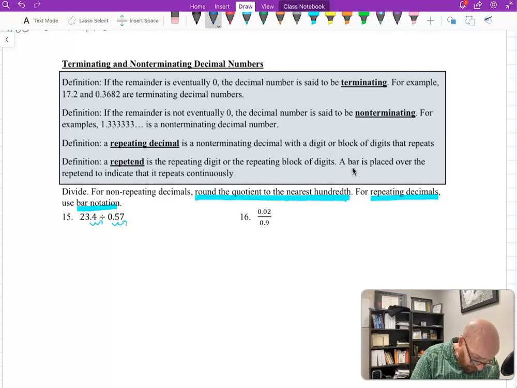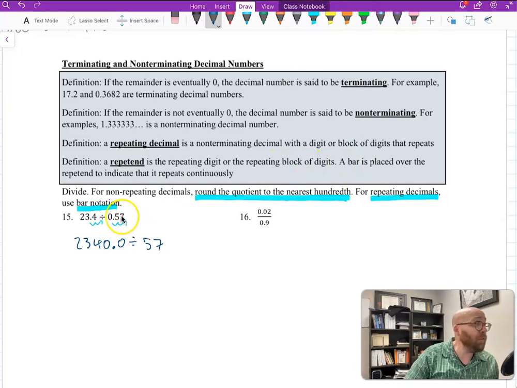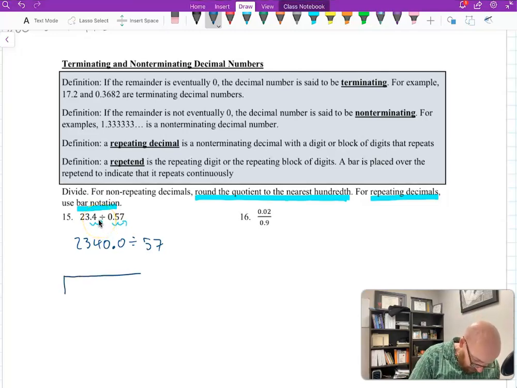We need to add a 0 as a placeholder. Here's our setup: 2,340 inside our division box, 57 on the outside.